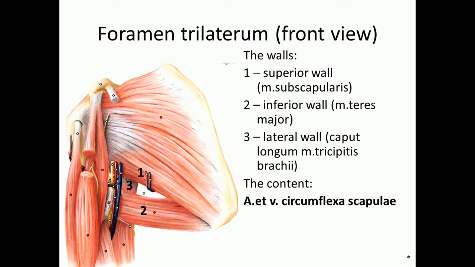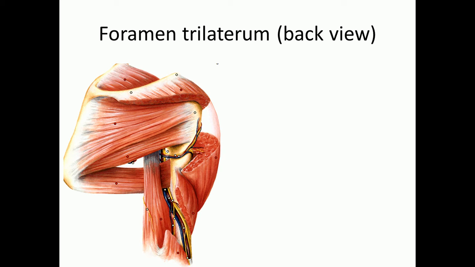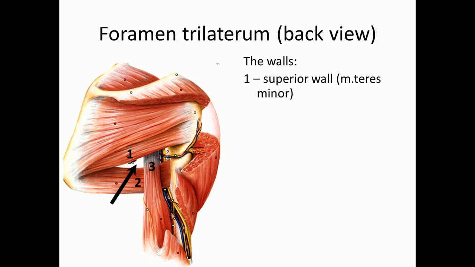And now the same foramen trilaterum from the back view. Let's try to distinguish all the details. Here it is, foramen trilaterum, and from the back view number 1 is the superior wall. It's musculus teres minor. So we can understand that the superior wall from the back view and from the front view are different.